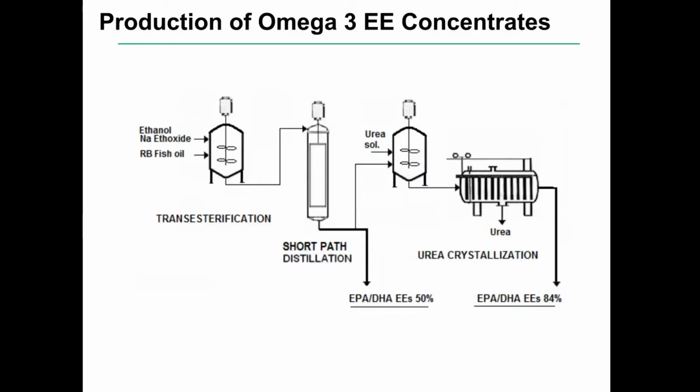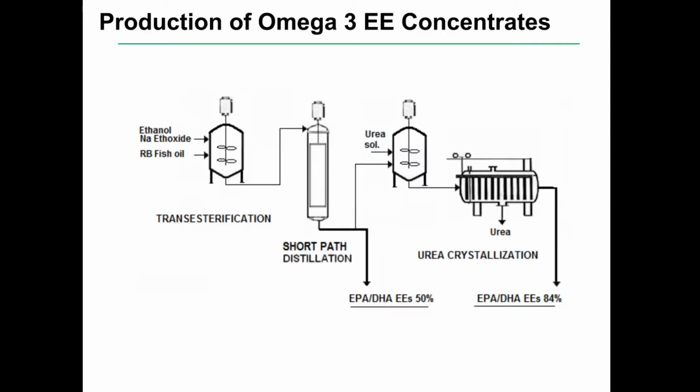However, there is a limitation. In general, the short-path distillation will be able to concentrate only up to 50% EPA and DHA. As a result, other technologies have to be used to further concentrate these omega-3s to achieve the supplement and pharmaceutical requirements.